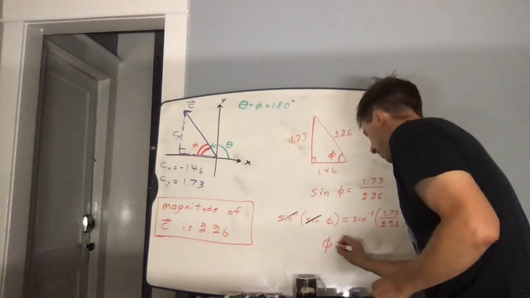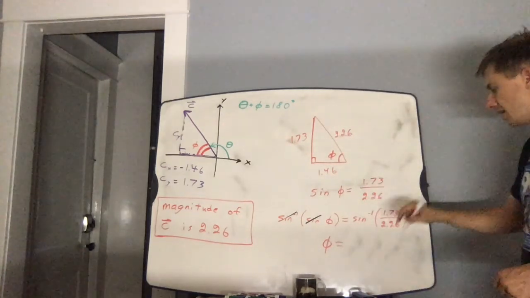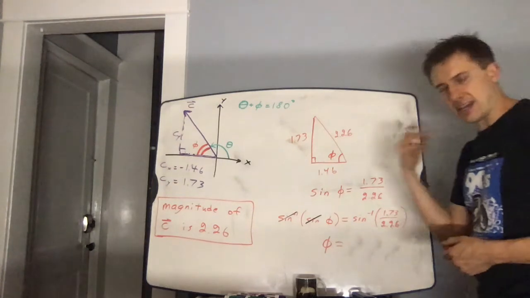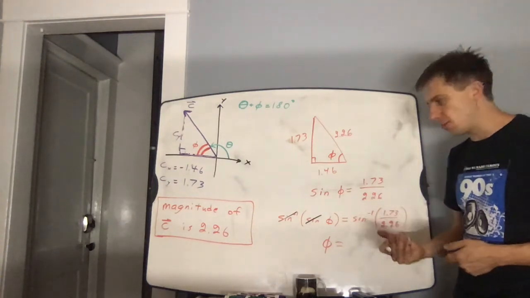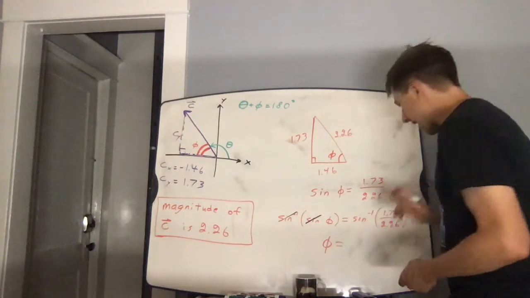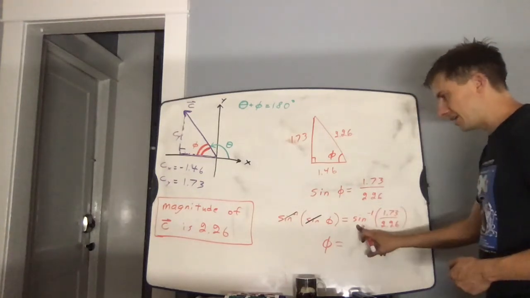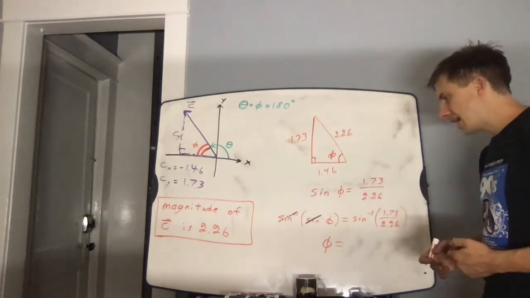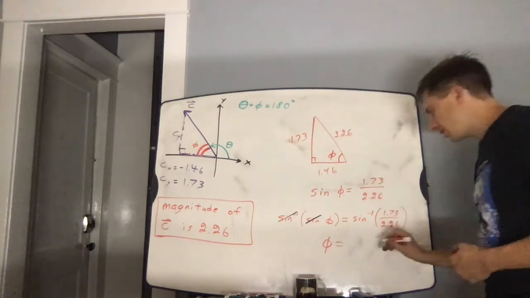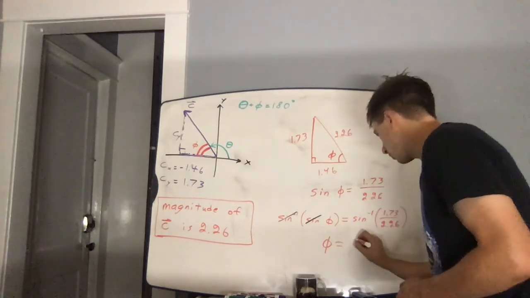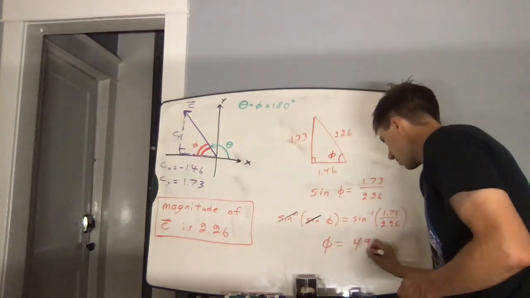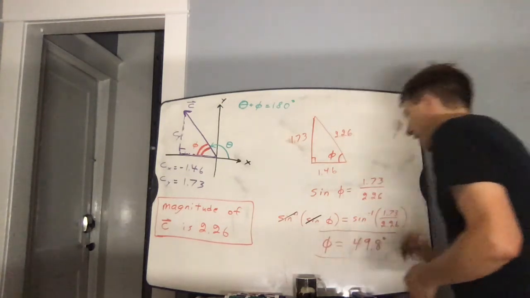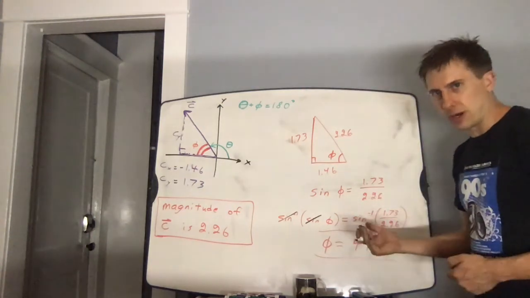On the right-hand side of this equation, I take 1.73, divide by 2.26, hit enter on my calculator, and get some number. Then I take the sine inverse, or arcsine, of that number, hit enter on my calculator, and I get phi is equal to 49.8 degrees.